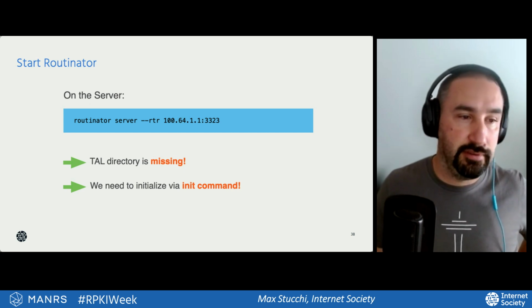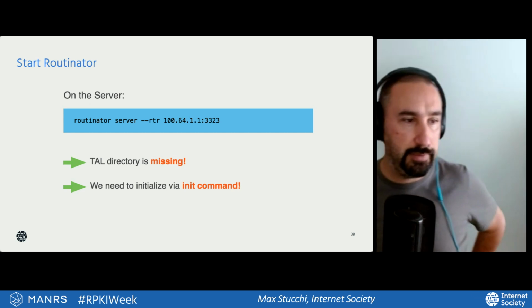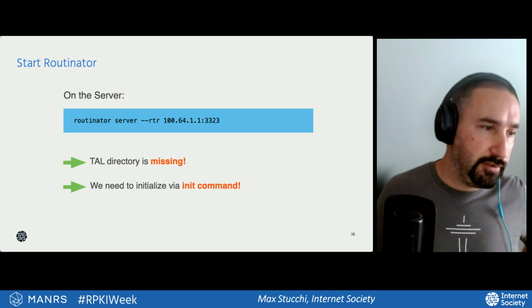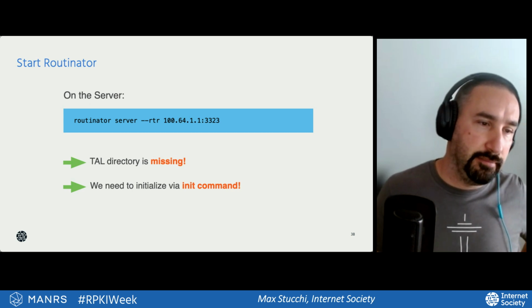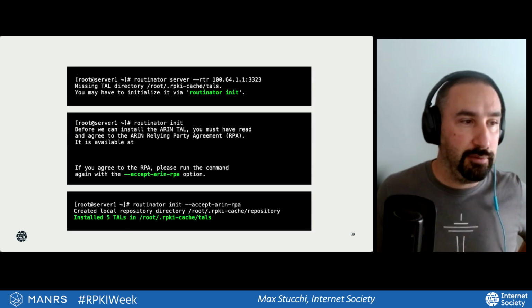So the installation changes depending on your package manager, but running Routinator is very simple. You run Routinator server, run my RTR daemon and bind it to this IP address on this port, but then it will come up with an error.